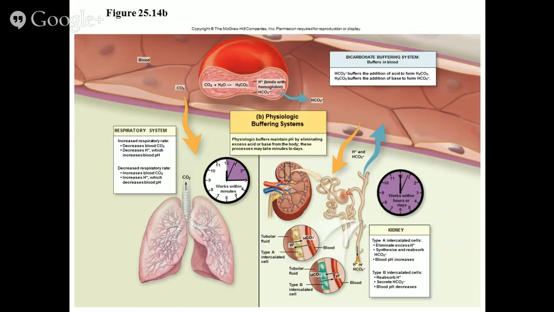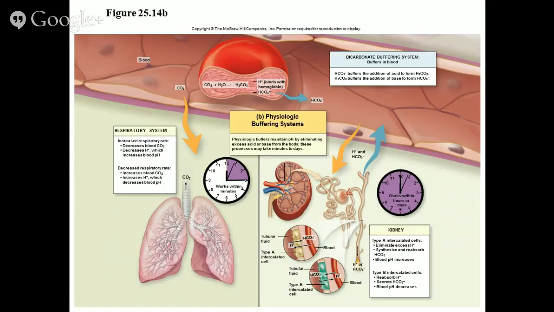Over there to the far left, you see the respiratory system. If we increase the breathing rate, then we'll increase blood pH. Why is that? It's because CO2 ultimately leads to an acidic environment. So if we're breathing more, we're getting rid of more CO2.